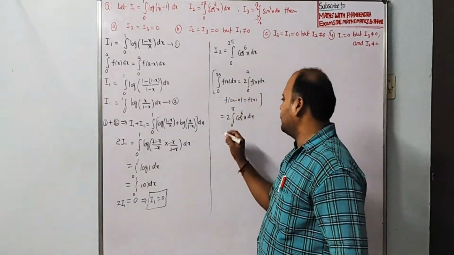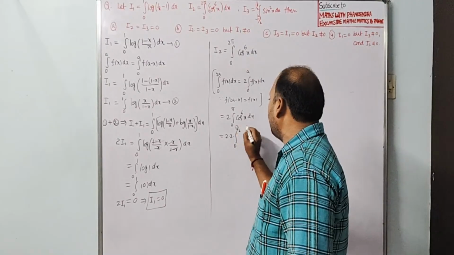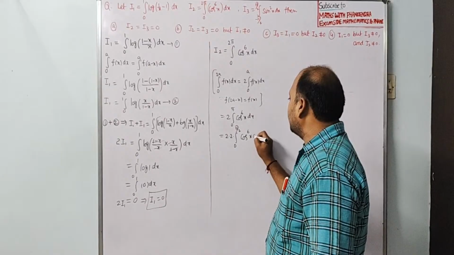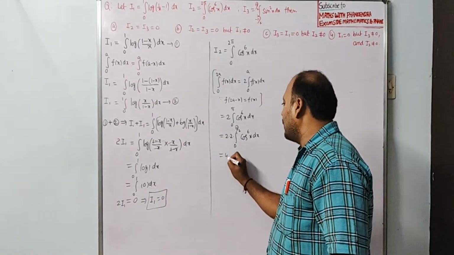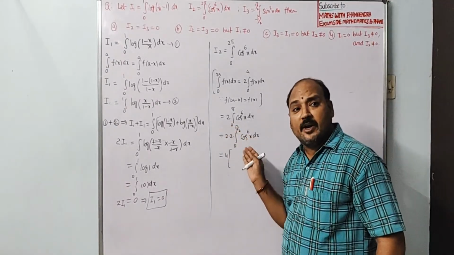Again by using this property, 2 times integral 0 to half of the upper limit, pi by 2, into cos power 6x into dx, which is equal to 4 times, we know the formula, integral 0 to pi by 2 cos power nx into dx.